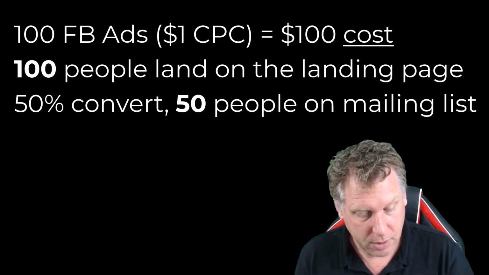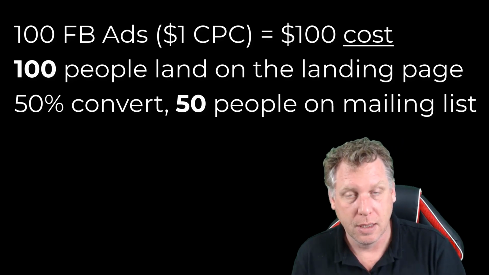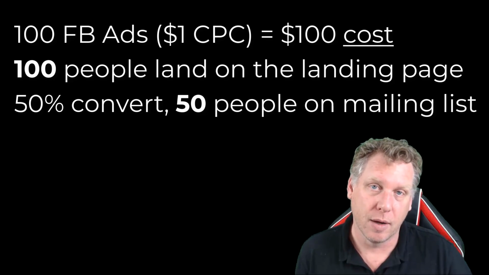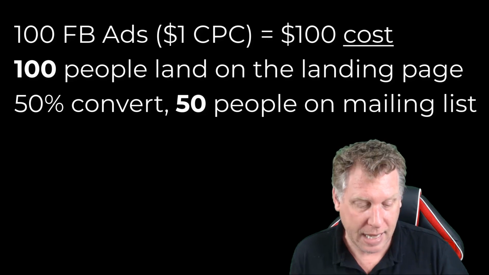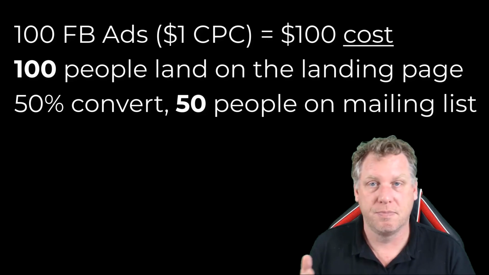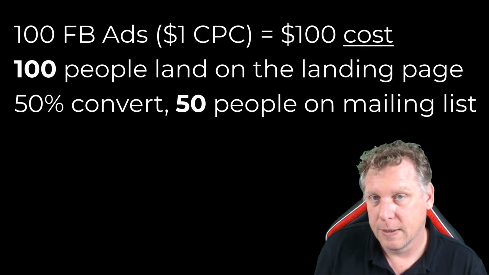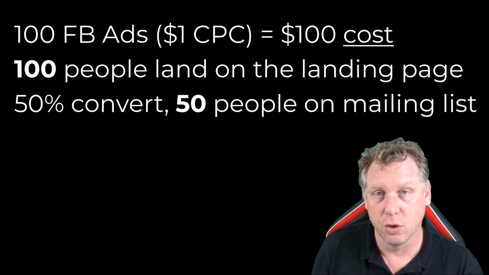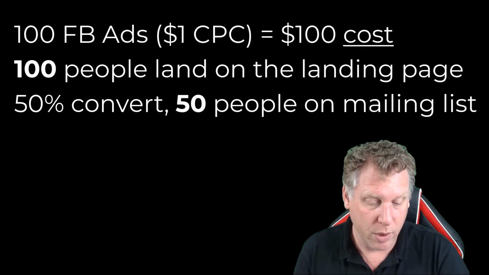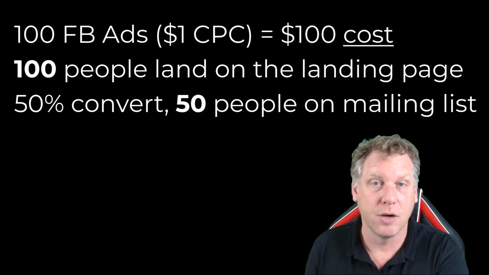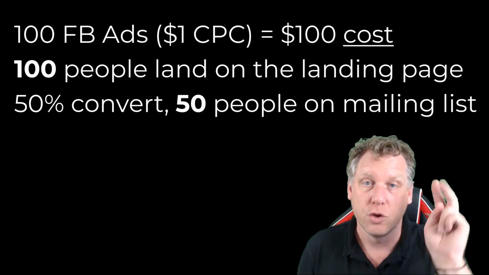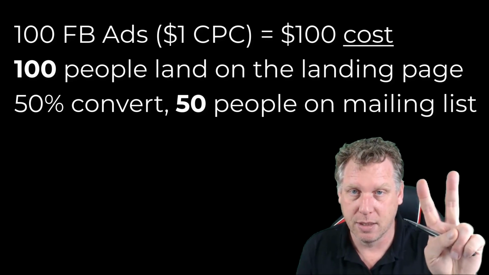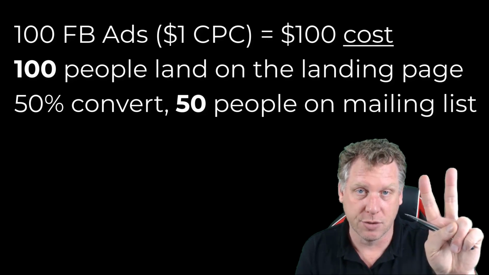So arguably, with 50 people on the mailing list, if our average lifetime value is $50, then we've got 50 people to target with our goods. So we've already smashed it. We paid $100, remember, for the 100 adverts, and we've only got to convert 2 people off that mailing list to cover our advertising costs.